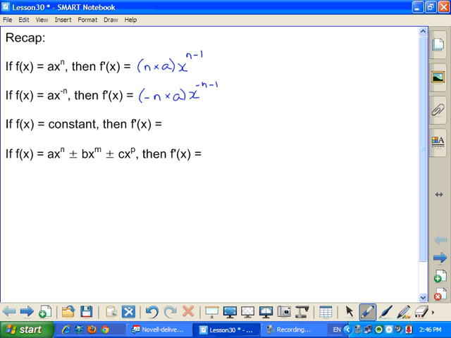When you have a constant, the answer is always 0, so the derivative of any number by itself is 0. And if we have several terms being added or subtracted, you take each term individually and apply our derivative law.